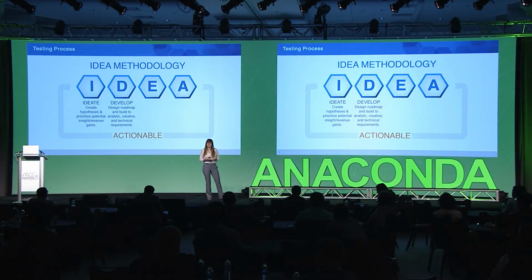Teach them how to estimate a sample size. Tell them what their test duration is going to be and when you can expect to hear back from them, or when they can expect to hear back from you, sorry. And then also agree on what you're going to call a win. You may say the variant recipe is going to have a 5% lift and we're going to be 95% confident about it.